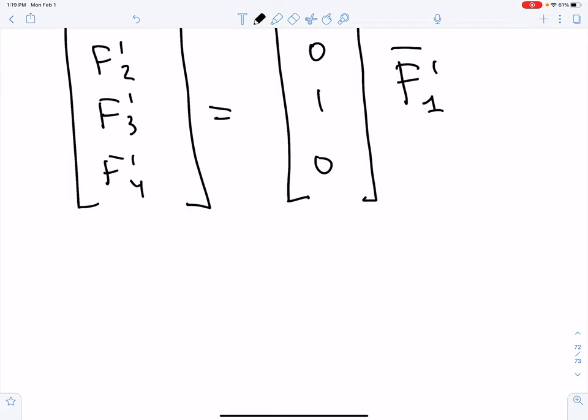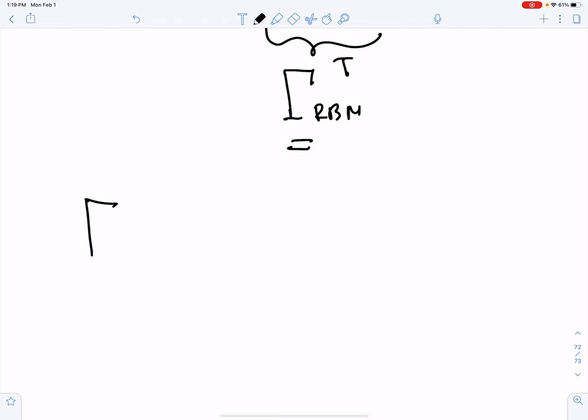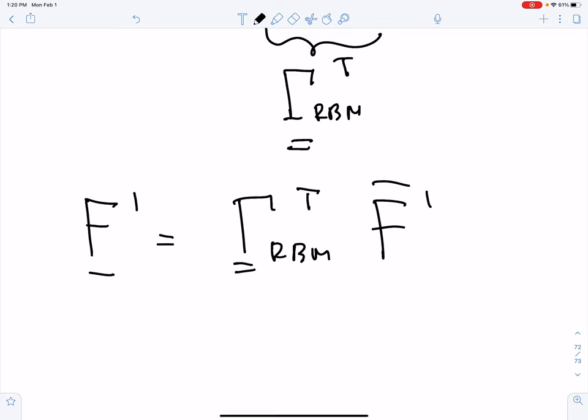And this is precisely gamma RBM transpose. So again, you see this pattern of a transpose relationship for the forces. That comes from the relationship between the kinematics and the equality of the work. In other words, f prime equals gamma RBM transpose times f over bar prime.